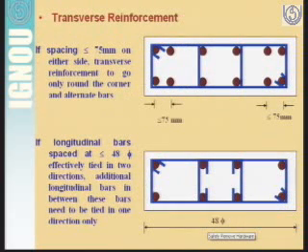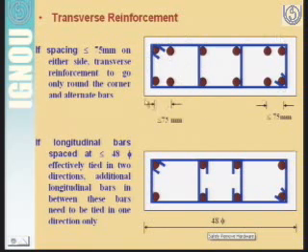Now let us see some specifications about transverse reinforcement. The code says that if the spacing is less than or equal to 75 mm, means if the spacing of the longitudinal bars does not exceed 75 mm on either side, then the code says that transverse reinforcement should go only round the corner and alternate bars.